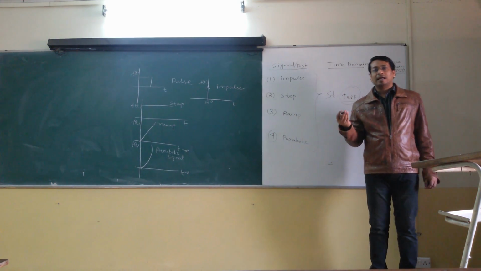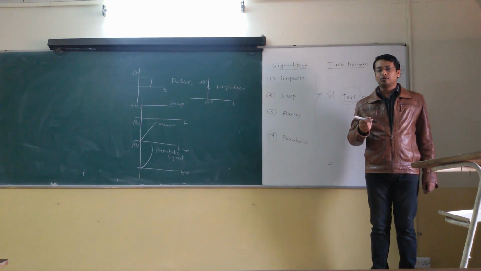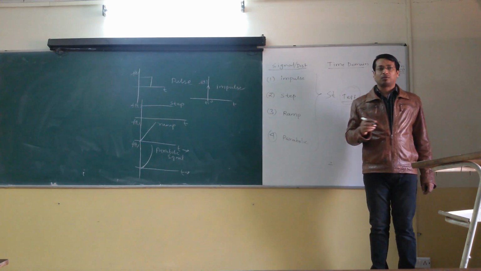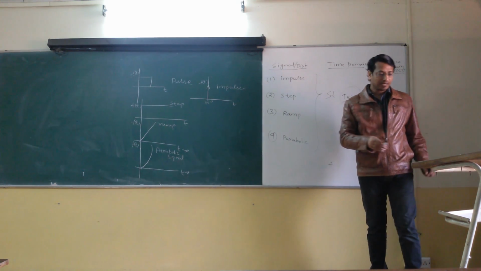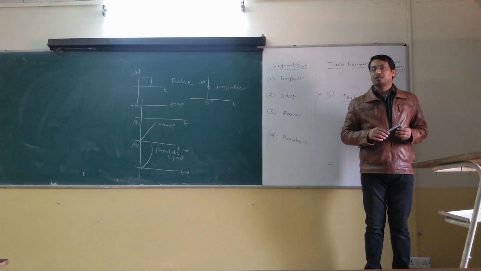So in our analysis we are going to include these test signals to get the complete behavior of the system. That's why we read the standard test signals, and that's why these signals are known as standard signals. Okay, correct? So for control system, you are not going to deal with the stochastic model of design and analysis. Okay.